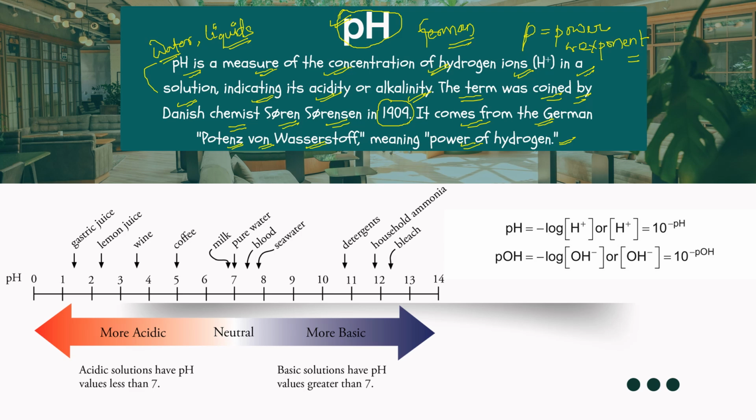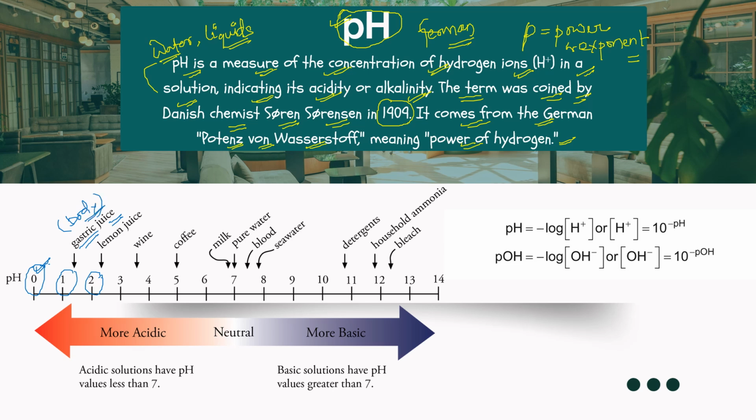So here you can see there are different types of materials that we considered at different pH. Basically pH 0 is the most acidic one, then comes 1 and 2. At 1 we have gastric juice, like in our body itself, these juices are present.